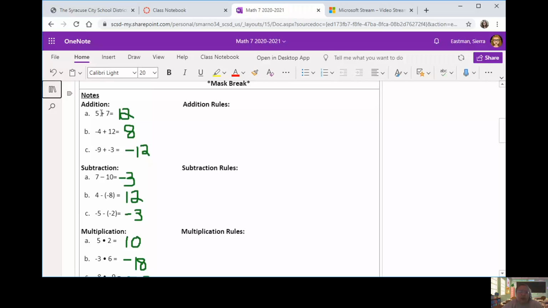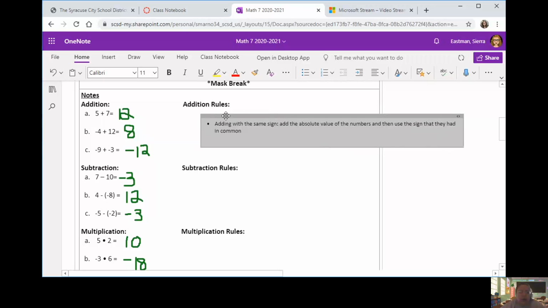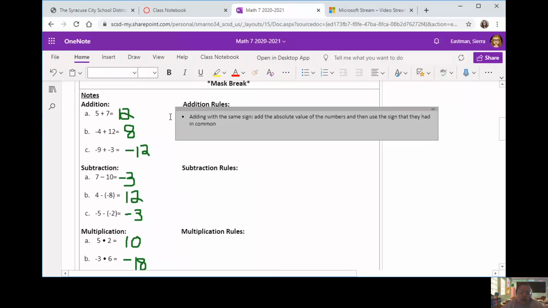So we can see 5 plus 7, we're adding the absolute value, which just means the number. Don't worry about the signs yet, you're just taking those numbers, 5 plus 7. And then we were using the sign that we started with. They were both positive, so my answer has to be positive.